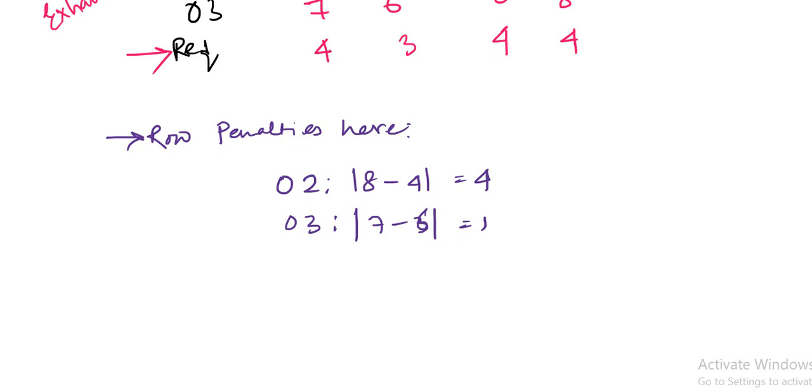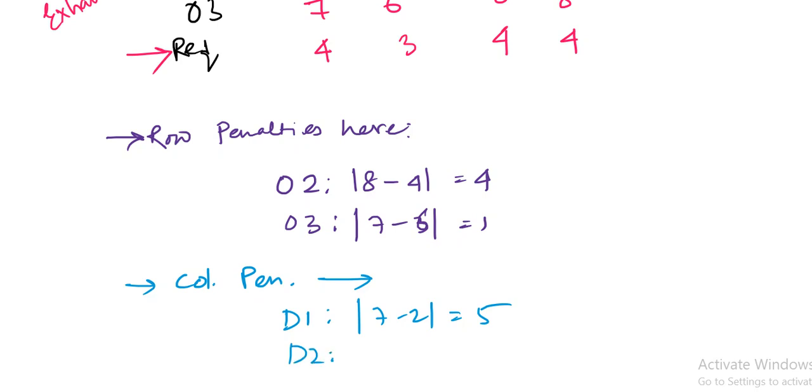And what is the column penalties here? Column penalties are d1, that is mod 7 minus 2, that is 5; d2, 8 minus 6 is 2; and d3 equals to 6 minus 5, that means 1.